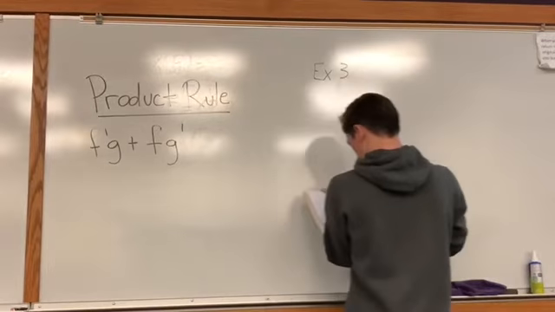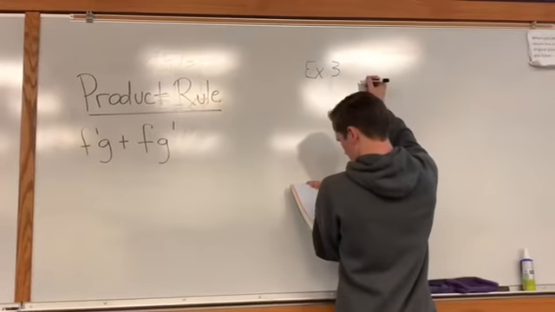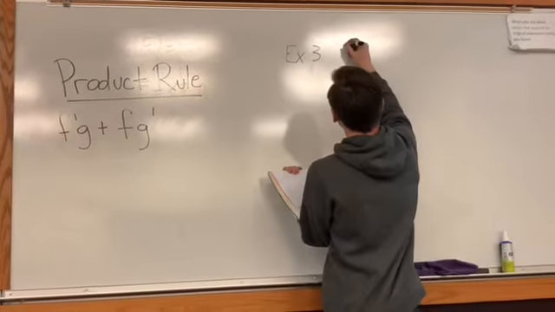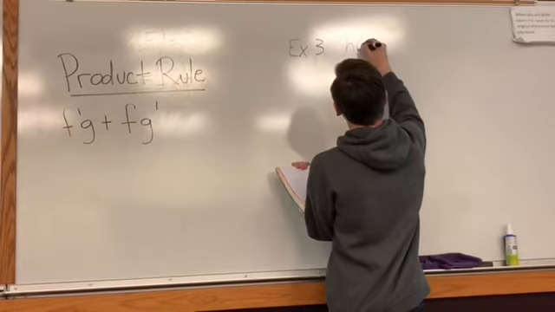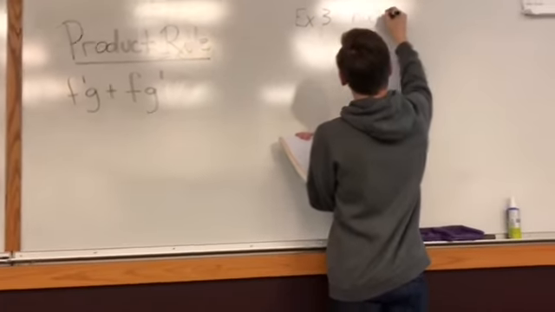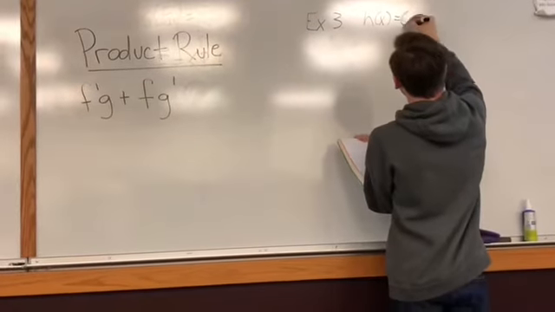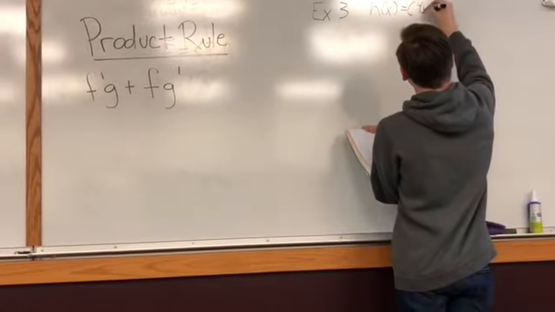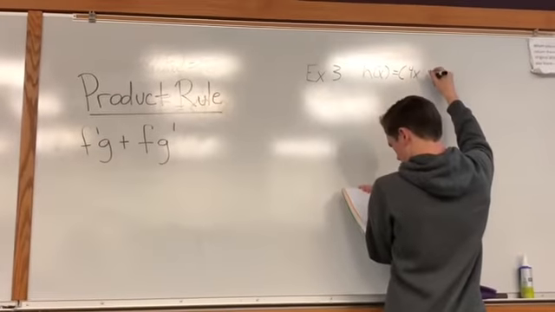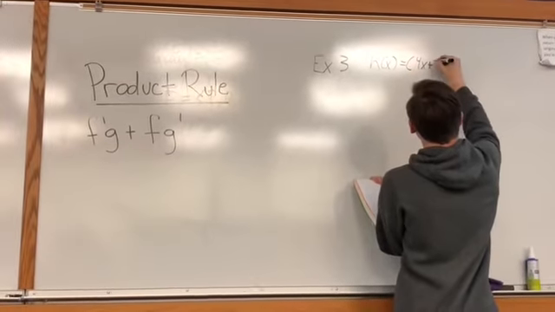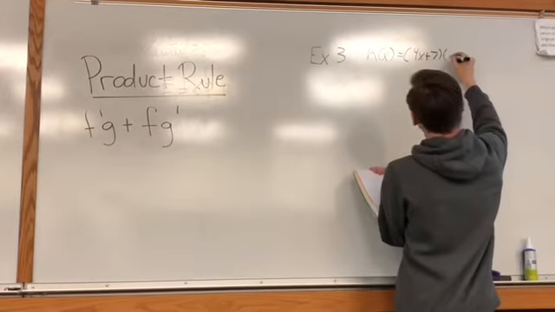Okay, so now we will move on to another example. In this example we will have the equation 4x plus 7 multiplied by x cubed minus 4.